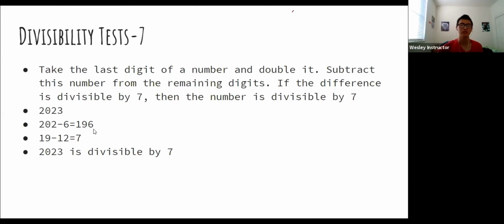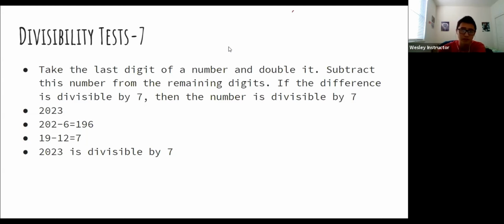But if you don't know if 196 is divisible by 7, you can do it again. We take the last digit and double it. So 6 times 2 equals 12. And then subtract that from the remaining digits. So 19 minus 12 equals 7. And we know for sure that 7 is divisible by 7. So that means this number, 2023, is divisible by 7.